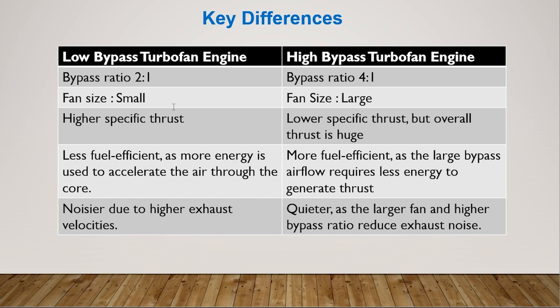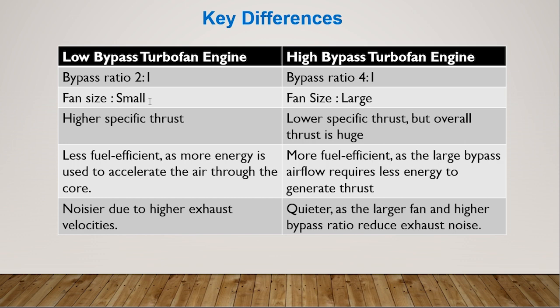So these are the key differences you can see here. As I mentioned, the low bypass turbofan engine is 2 to 1, and the high bypass is 4 to 1. That is, 2 to 1 is the maximum for low bypass, and 4 to 1 is the initial level for high bypass, with the range varying from 4 to 1 up to 8 to 1.